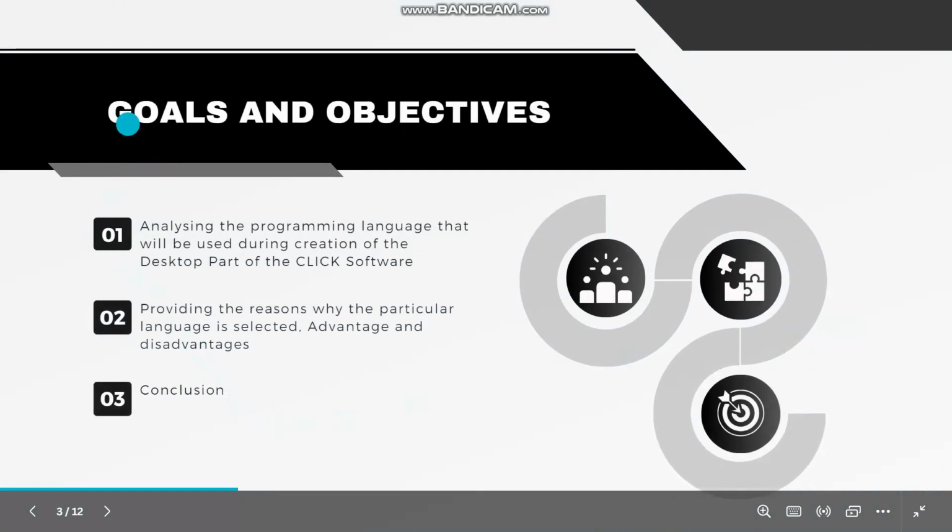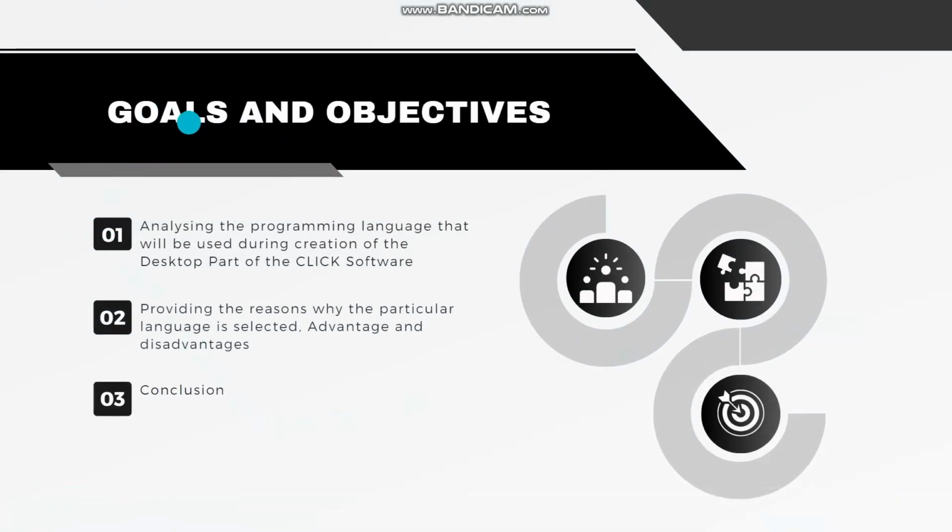Okay, so we're going to check the goals and objectives of this video. First, we're going to analyze the programming language that is going to be used, so we're going to check which specific language we're going to use. Then we're going to identify the reasons why we decided to use that language. Before you make an option, you have to check why.